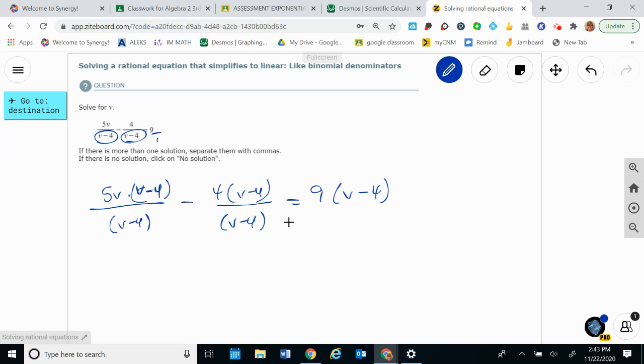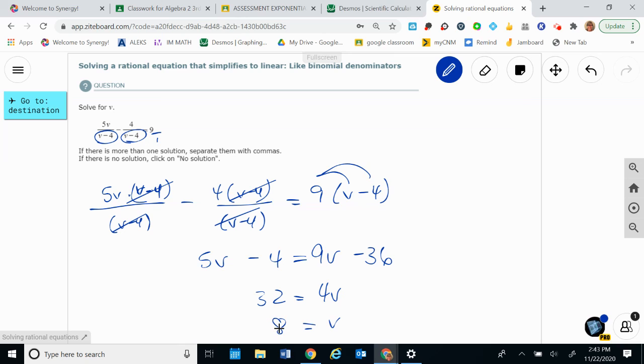That doesn't cancel. These cancel. So you get 5v minus 4 equals, distribute, 9v minus 36. Subtract 5v from both sides and you'll get 4v. Add 36 and you'll get 32. So v is equal to 8.